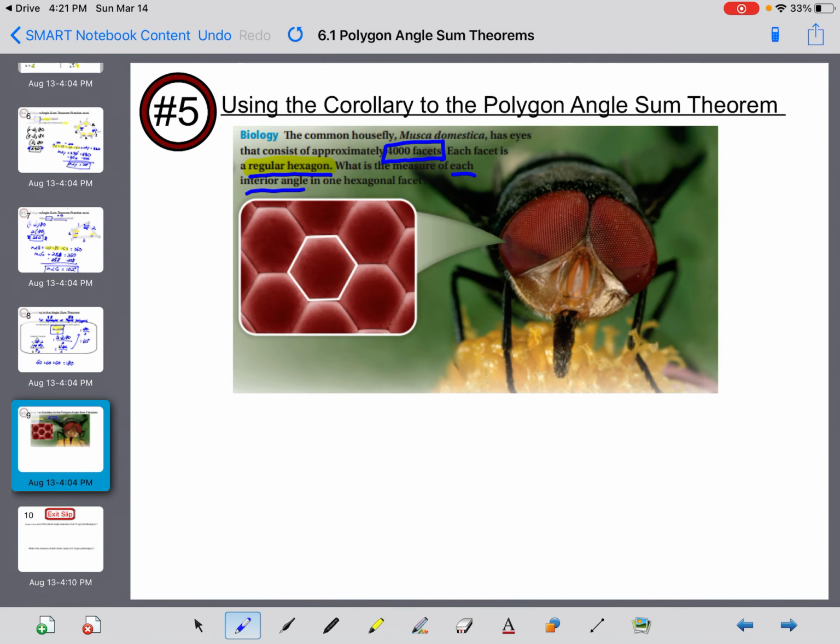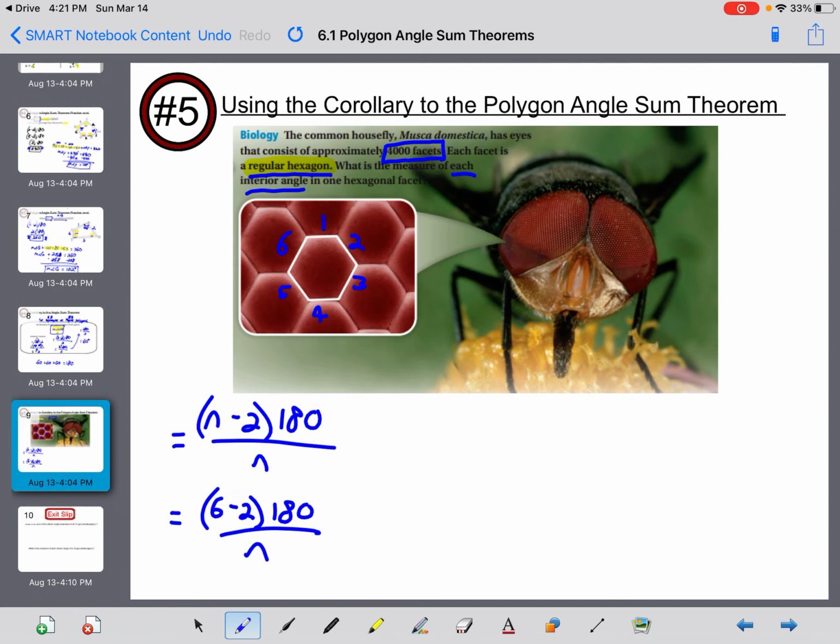Okay? So if there's a hexagon, we know that there is 6 sides. So instead of n minus 2 times 180 over n, this becomes 6 minus 2 times 180 over 6. Equals 6 minus 2 is 4 times 180 over 6.